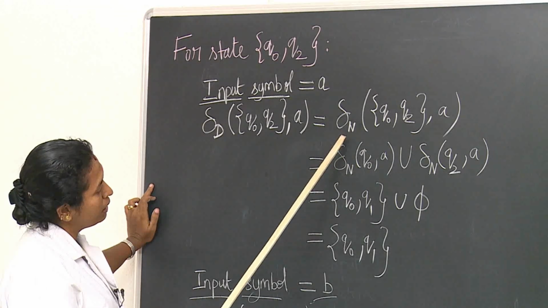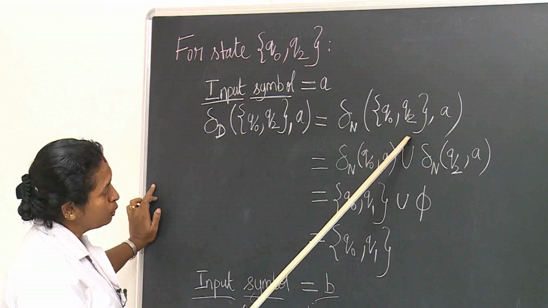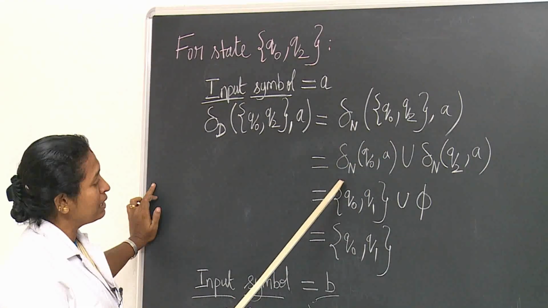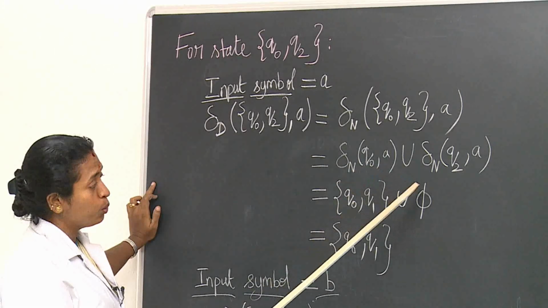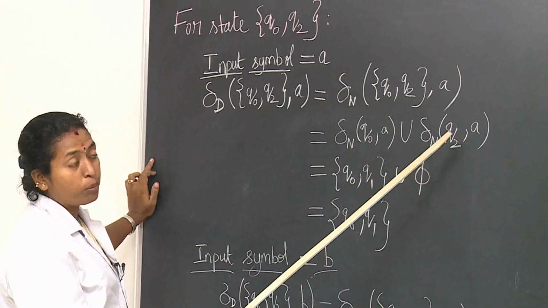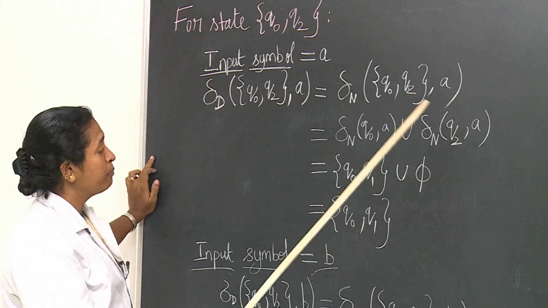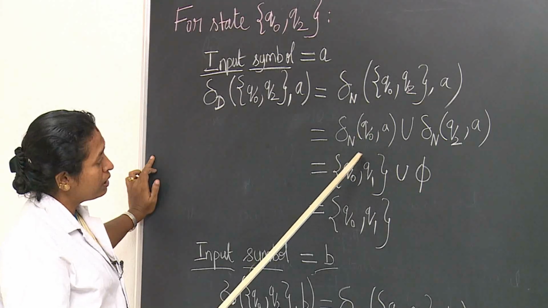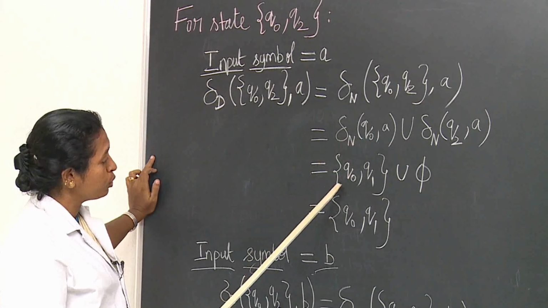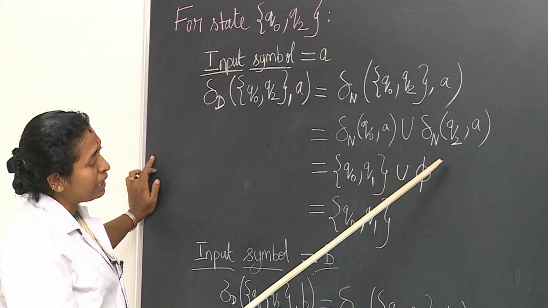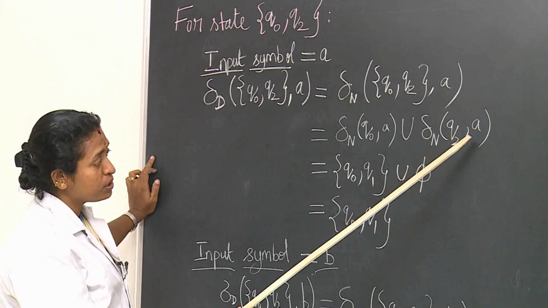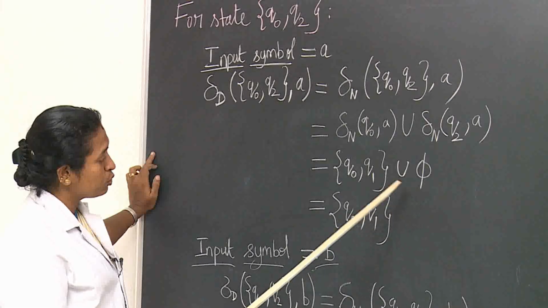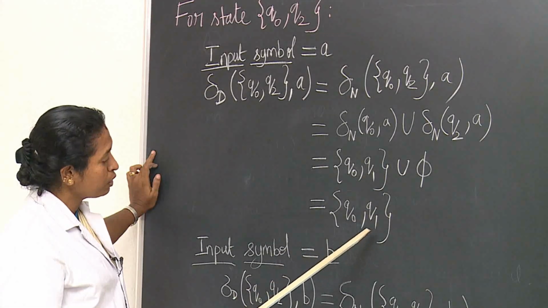The transition of NFA of {Q0, Q2} by accepting the symbol A is split into the transition of Q0, comma A, union the transition of Q2 by accepting the input symbol A. For the first, by accepting the symbol A, there is a transition from Q0 to {Q0, Q1}. Again, there is no transition by accepting the input symbol A from Q2, so that is phi. If you combine these two, we get {Q0, Q1}.